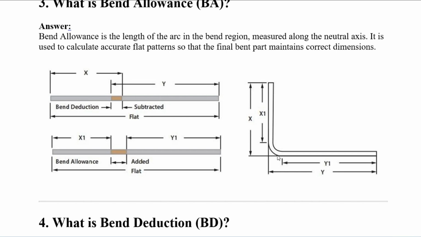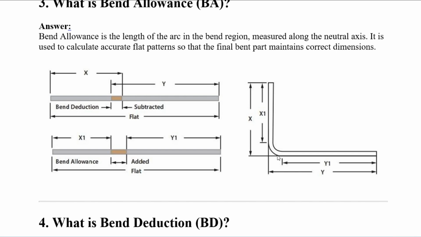So bend allowance is the length of the arc in the bend region measured along the neutral axis, and it is used to calculate the accurate flat pattern. This is very important in sheet metal design.